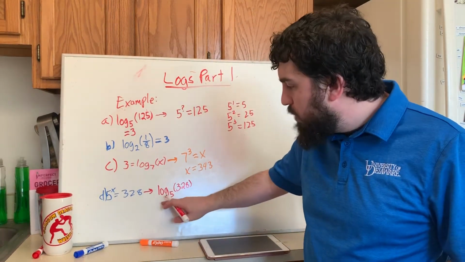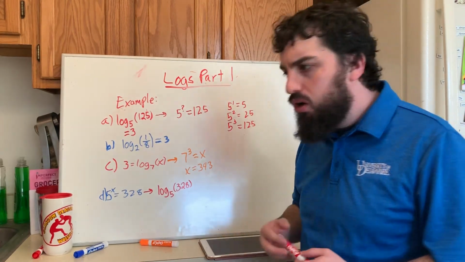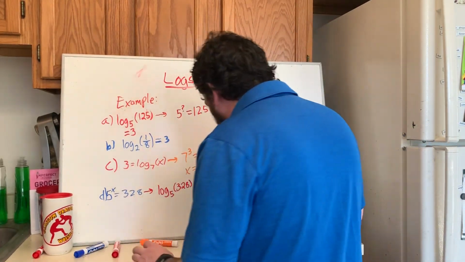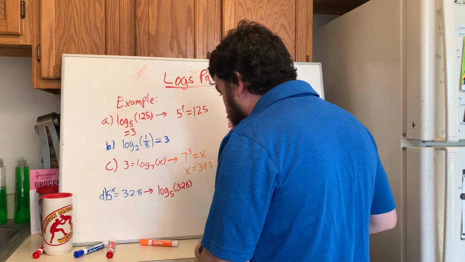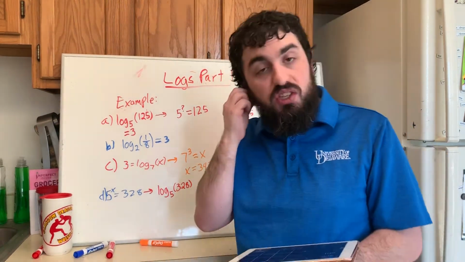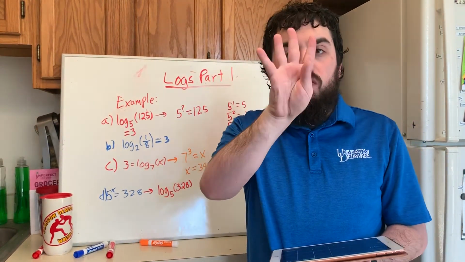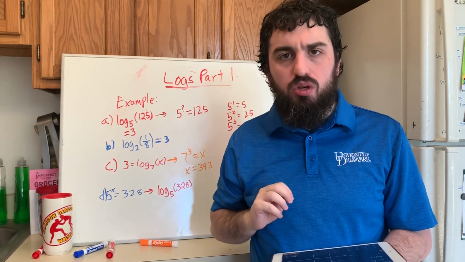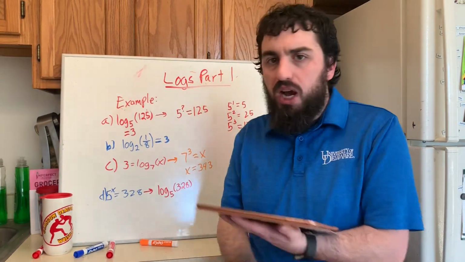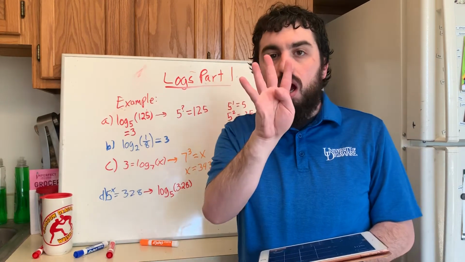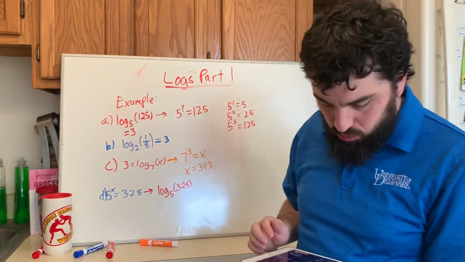So I'm going to say log base 5 of 328. Now, like I said, this is not something that is going to be very easy to calculate. Give me 4 decimal places on these. These are very precise calculations. I want 4 decimal places on these.